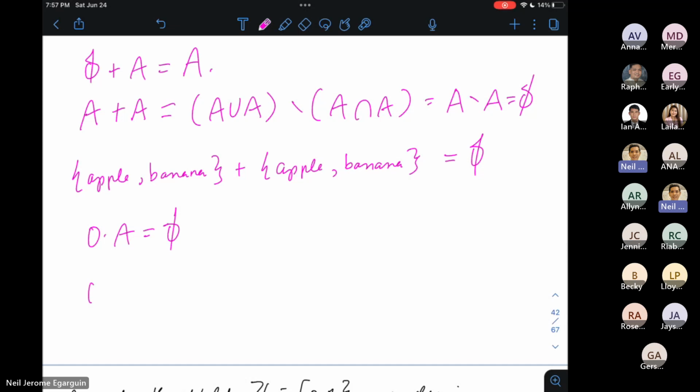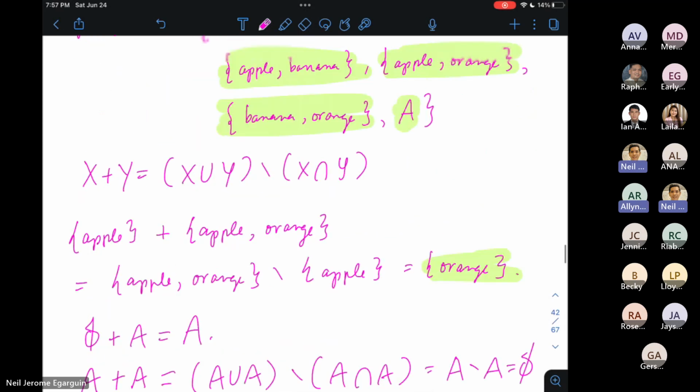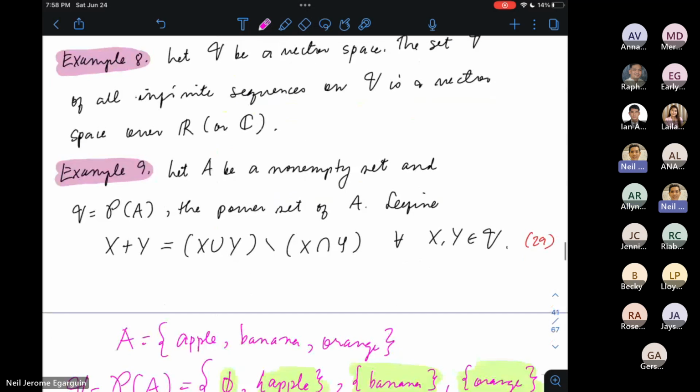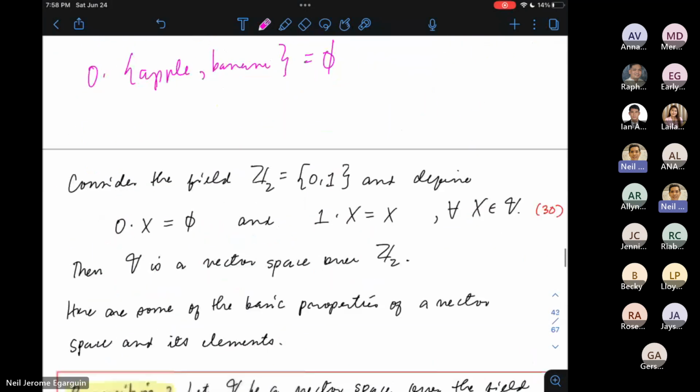0 times apple banana. Is it empty set? Empty set, sir. Empty set, right? Baka lang nakalimutan ng iba na dinefine ko explicitly yung multiplication kanina this way.